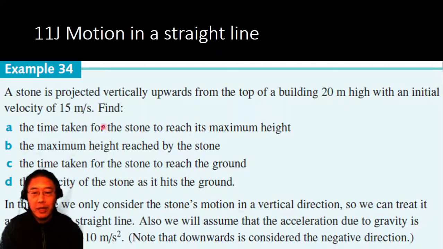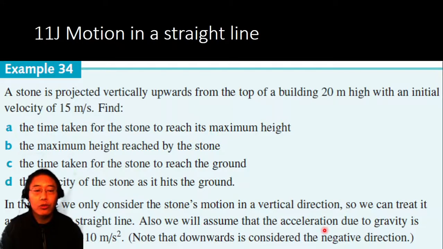Now before we get to that, anything to do with gravity, as it is a vertical motion, we treat it as a motion in a straight line. And also what we have to assume is the acceleration, because it's due to gravity, it's negative 10 meters per second squared.